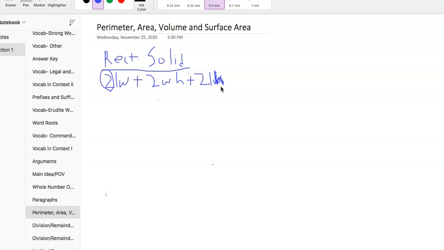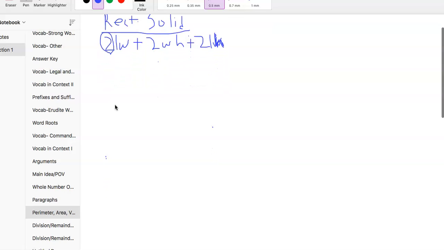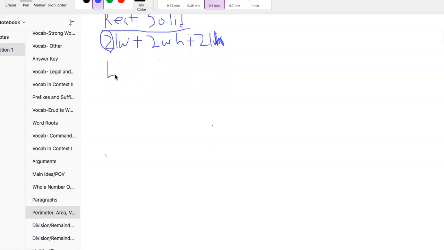So say that they tell us length is 7, width is 5, height is 8.